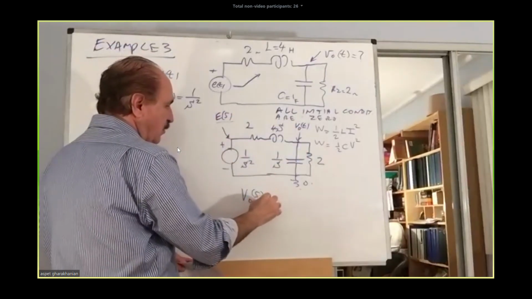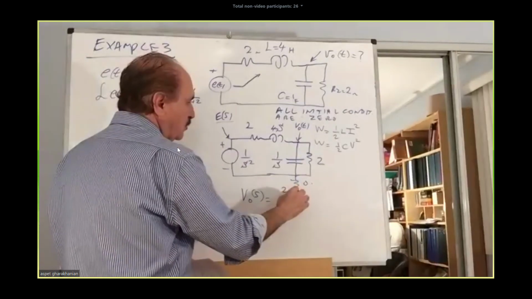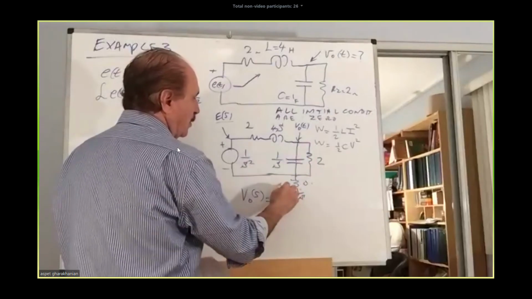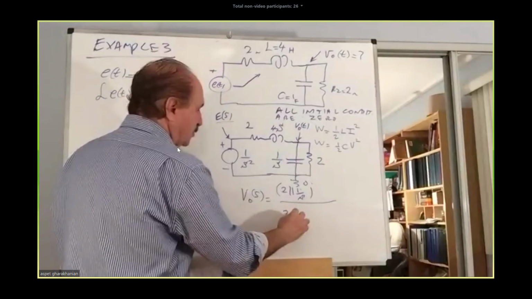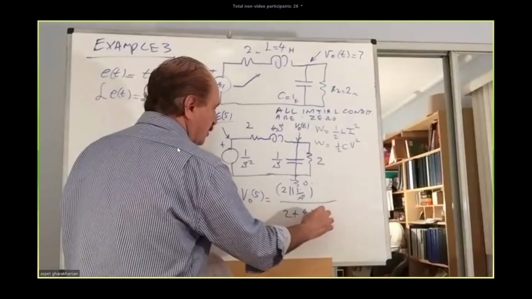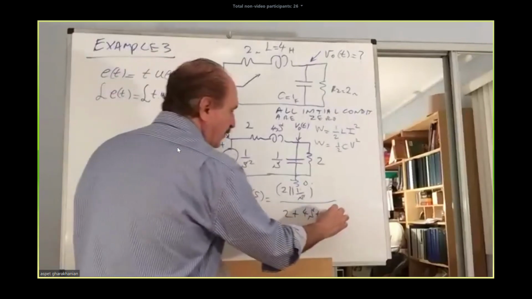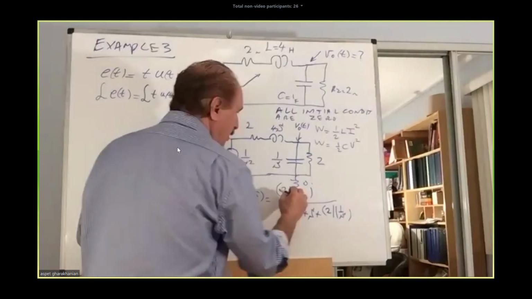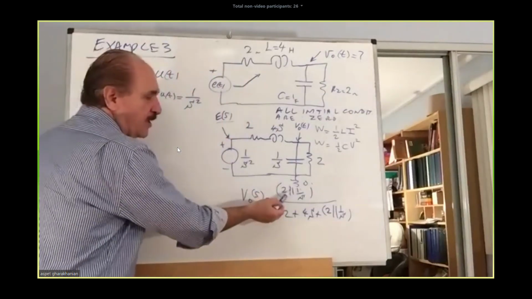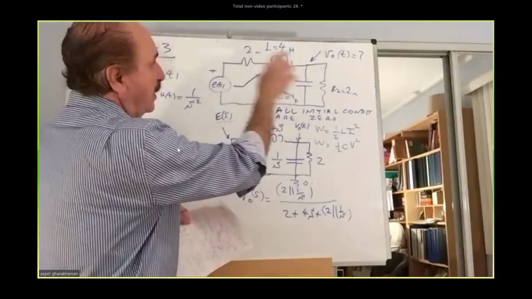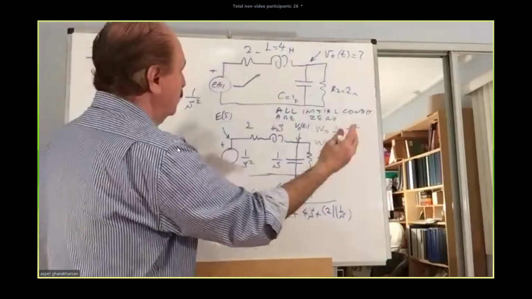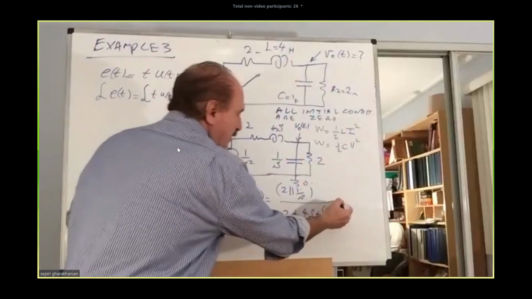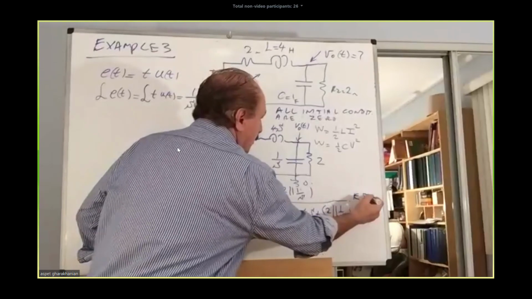VO of S would be equal to 2 parallel with 1 upon S, divided by this 4S plus the parallel combination, 2 parallel 1 upon S. Then you can carry out the algebra. 2 parallel 1 over S means 2 times 1 over S, over 2 plus 1 over S. Paste it here, multiplied by E of S, the voltage divider.